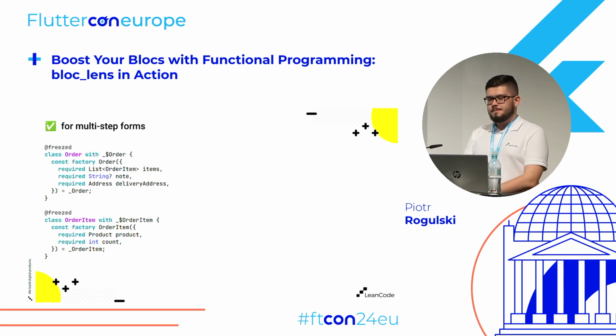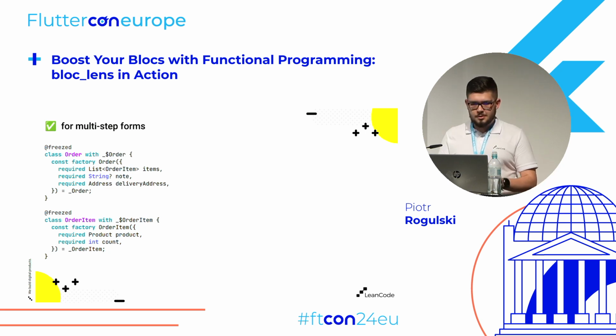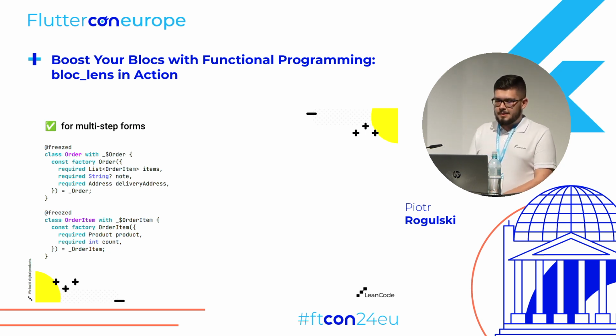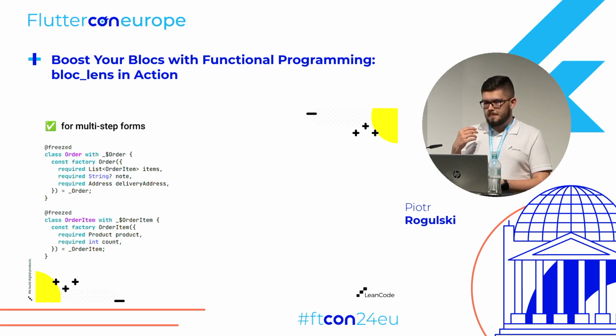Another use case is for forms, actually for simpler forms. It can be multi-step, but still without any weird validation logic. Let's not go into that. But for forms, it's also a great idea because each of the fields in the form usually modifies just one value on the form.